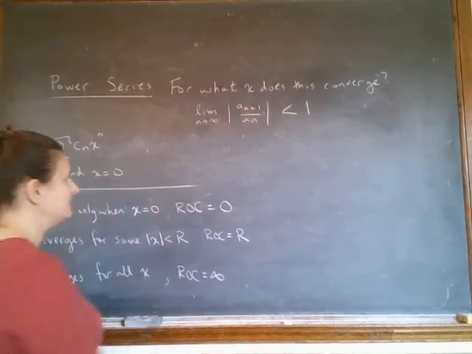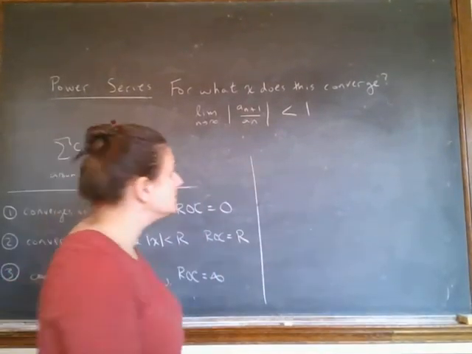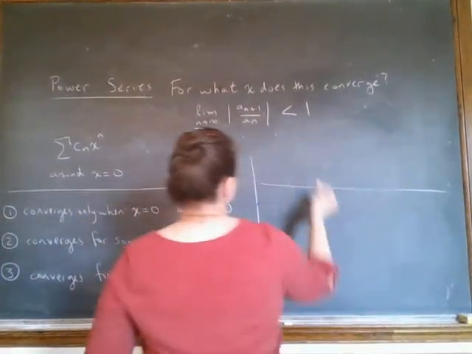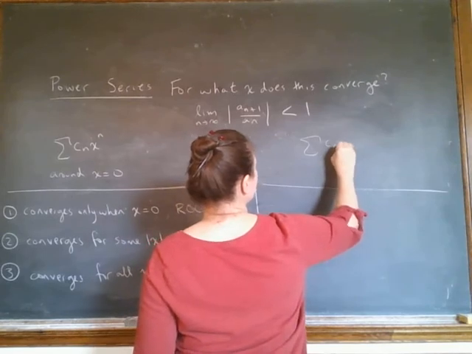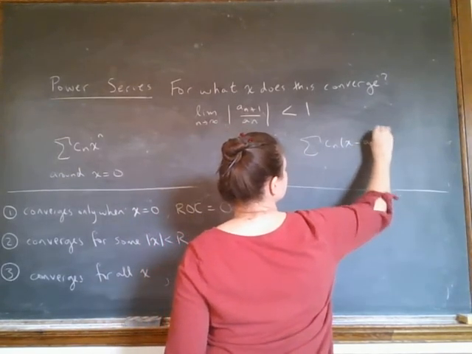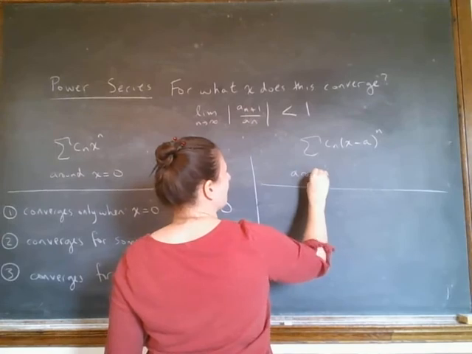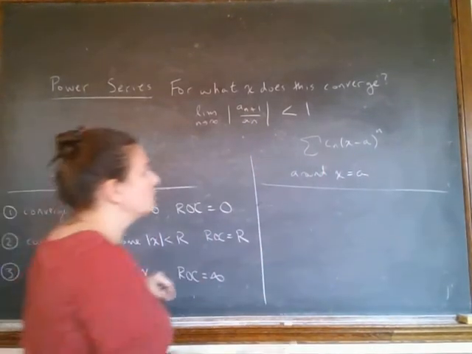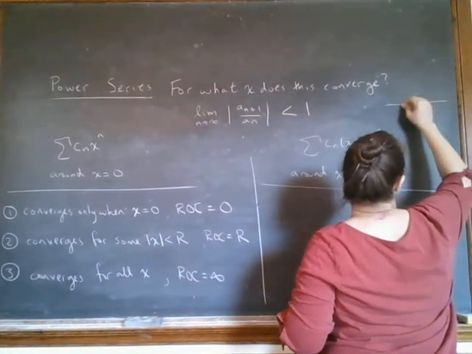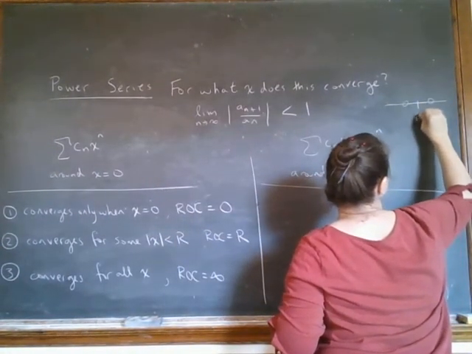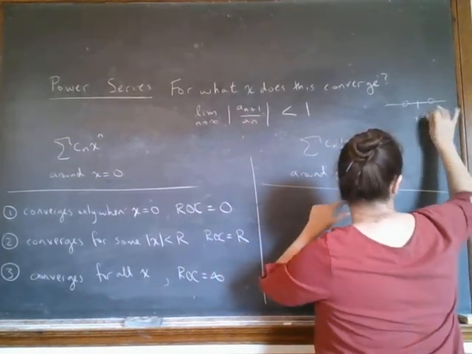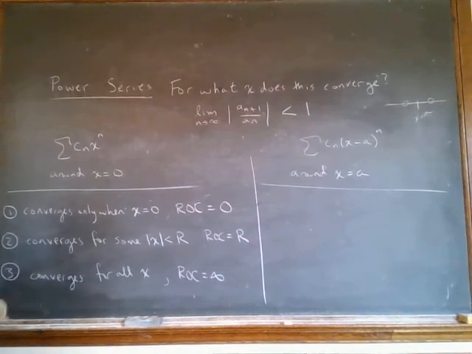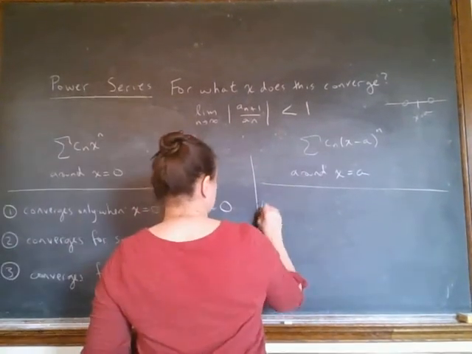Now, in my next video, we'll do a bunch of examples where it's not just around x equals 0, it's going to be around x equals a. But all this just translates. When I drew this for my radius of convergence, it was x equals 0. In this case, it's just going to be x equals a. So the behavior is the same.